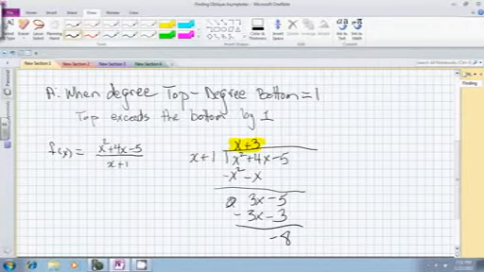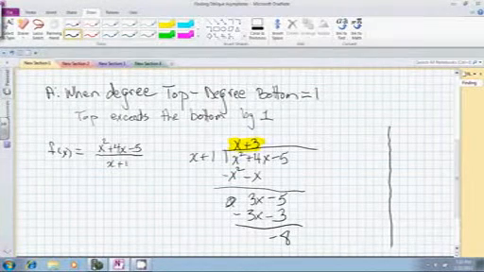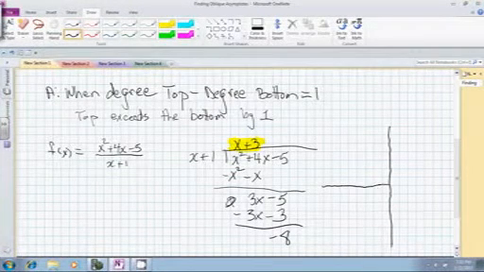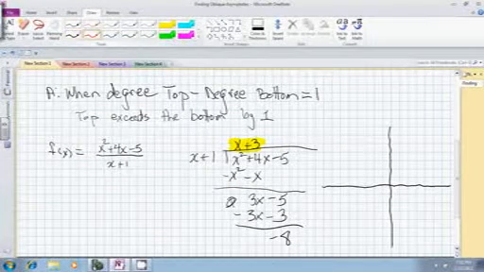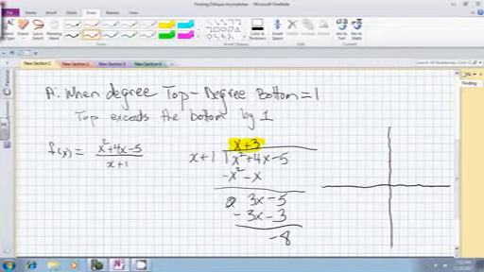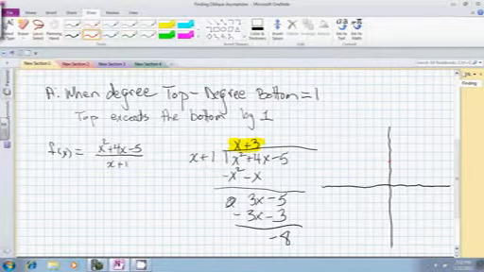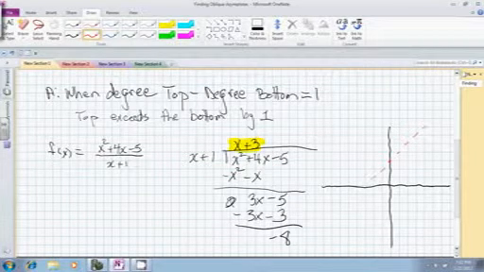So if we take a look at the graph, we have x plus 3. It's got a y-intercept of 3, slope of 1, so draw a little dashed line here to represent that.